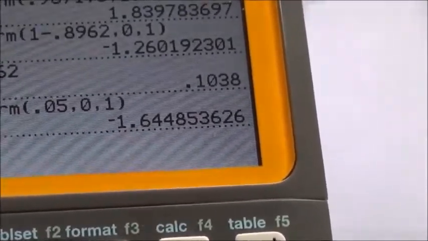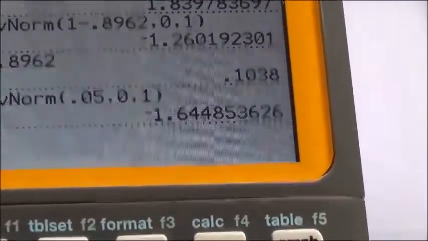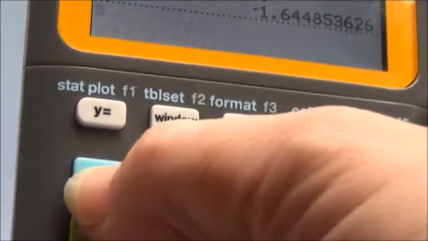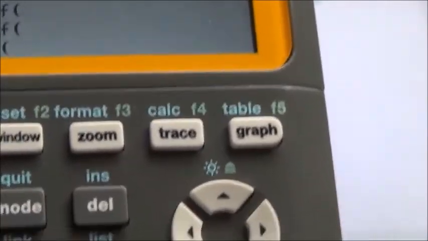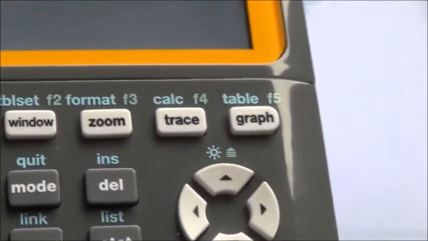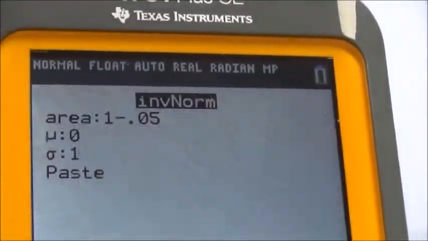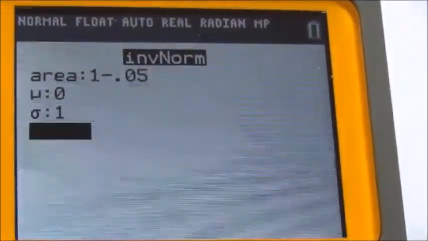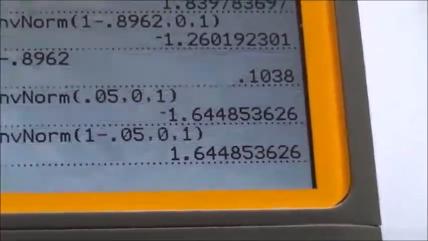If I wanted to do the area to the right of that, then I would have to do 1 minus that. So again, second function, the vars key, and number 3, and I would do 1 minus 0.05, or you could just put in 0.95 if you actually subtracted it, and you get positive 1.64.